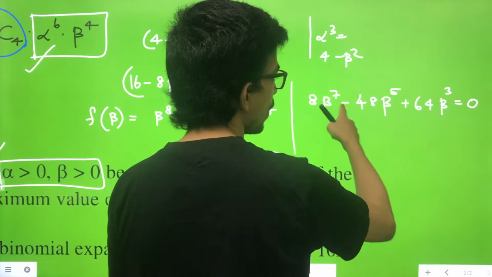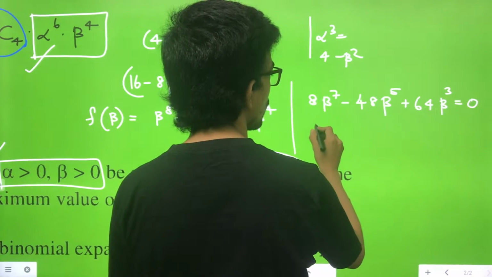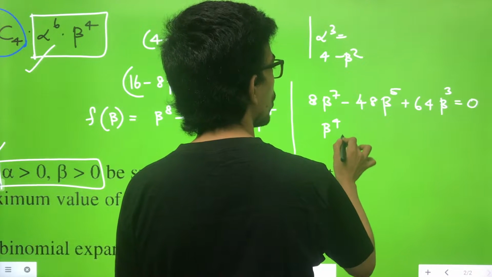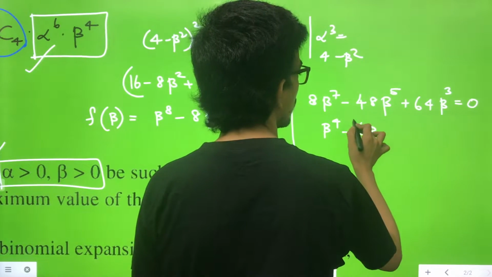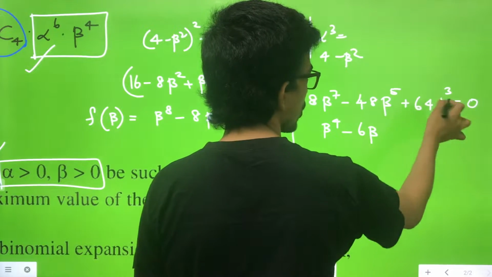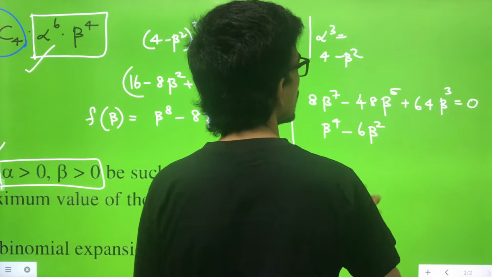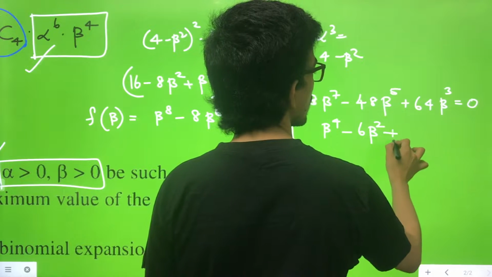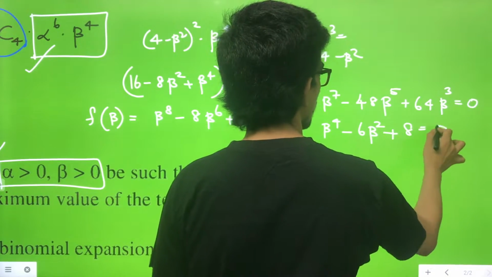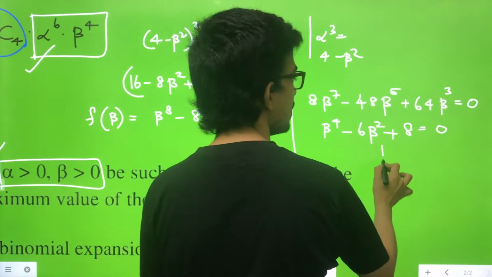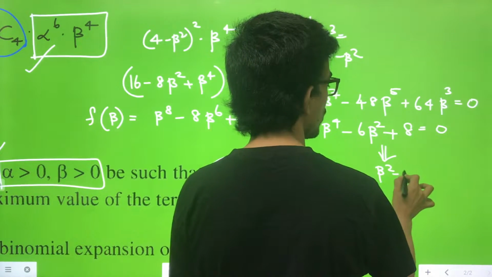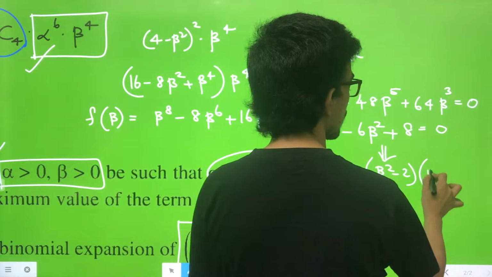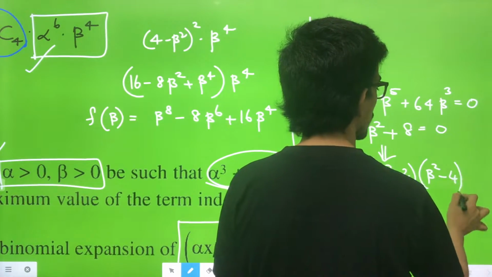So we have beta power 4 minus 6 beta square plus 8 equal to 0. This can be easily factorized. So this becomes beta square minus 2 into beta square minus 4 equal to 0.